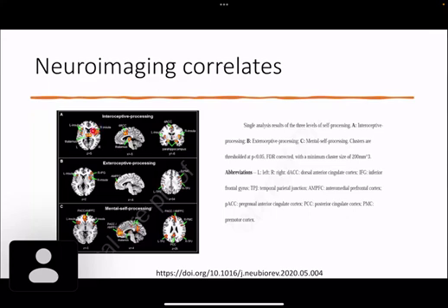Right insula, left insula, thalamus, dorsal anterior cingulate cortex, and parahippocampus. They mostly give us an idea about interoceptive process.